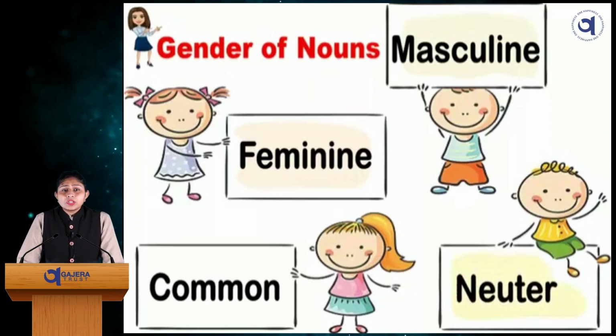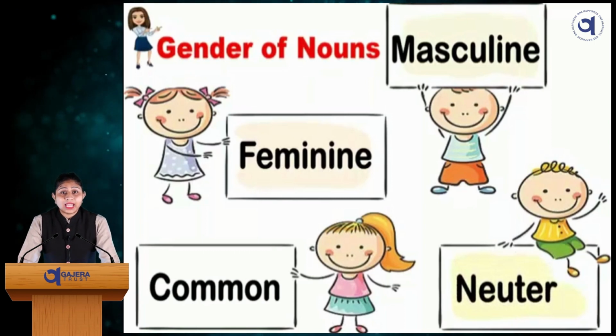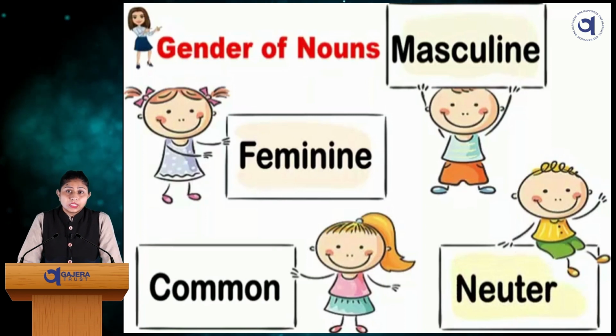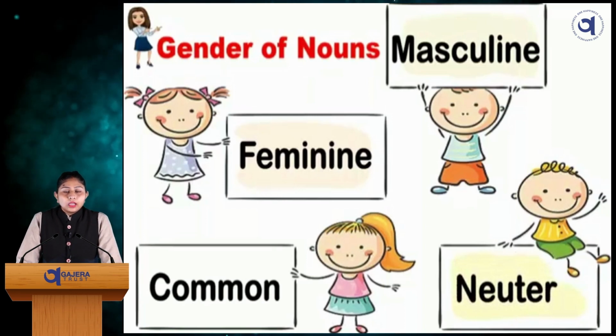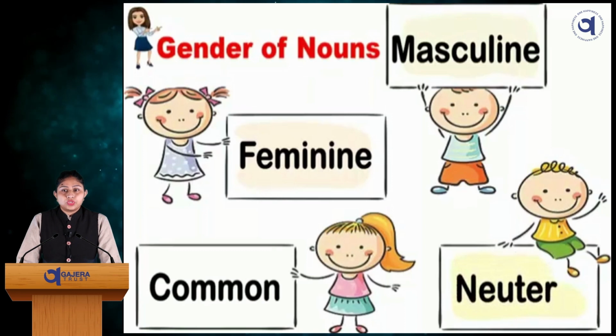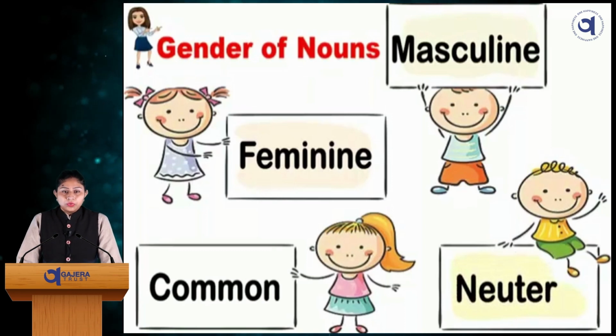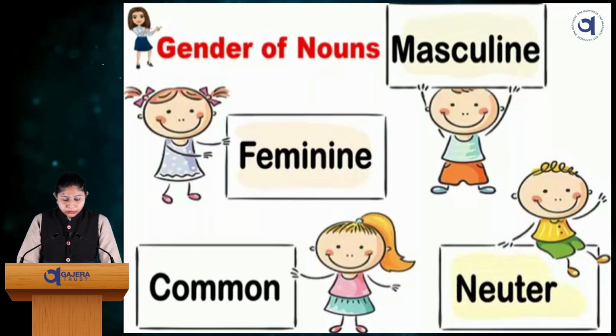Why? Because that's a non-living thing. That's neither a boy nor a girl, right? So that comes in the neuter gender. These are the four types of genders: masculine, feminine, common and neuter. Let's take a brief view of this.